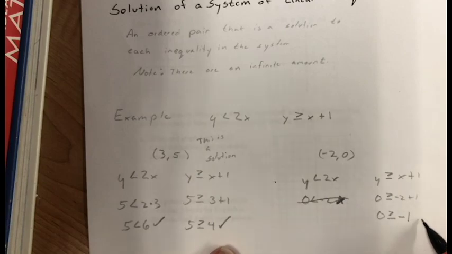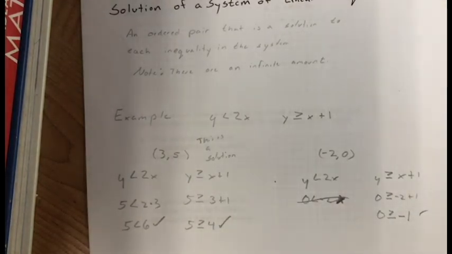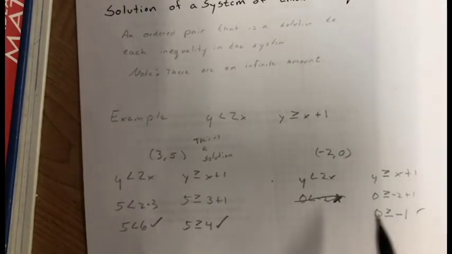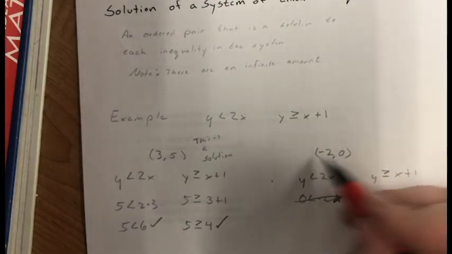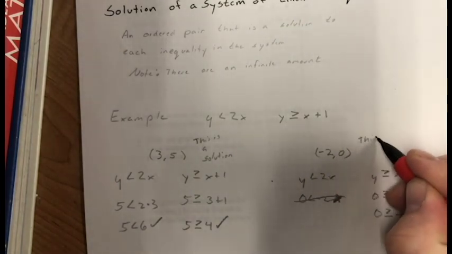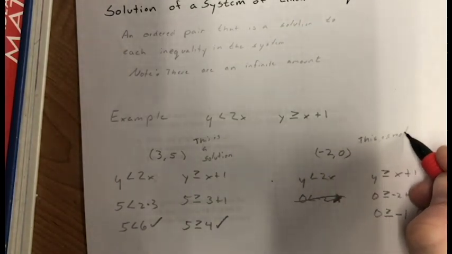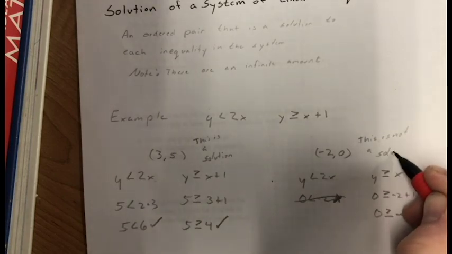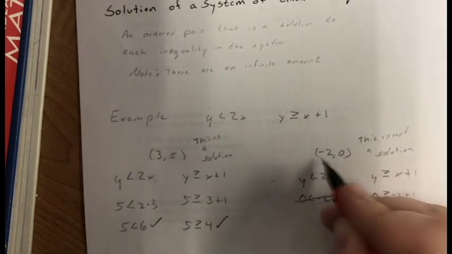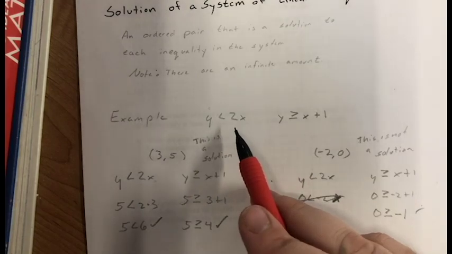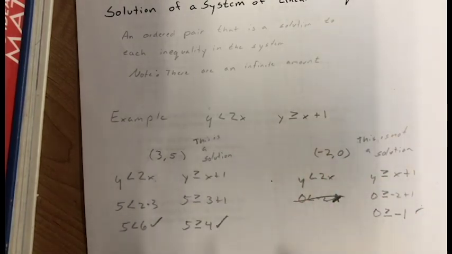Is this a true statement? Yes. But here's the thing. Even though this one is true, this one's not. So this is not a solution. In other words, this ordered pair will not solve this system at all.